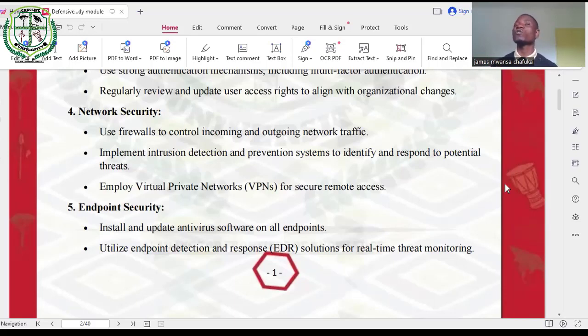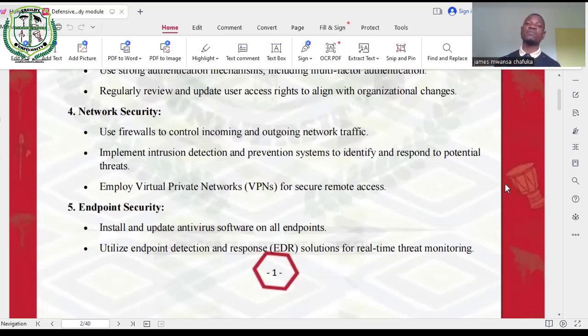And then the other point on network security is implementing an intrusion detection and prevention system to identify and respond to potential threats. By putting up an intrusion detection system and an intrusion prevention system, they help to detect any threats that are coming to your network.